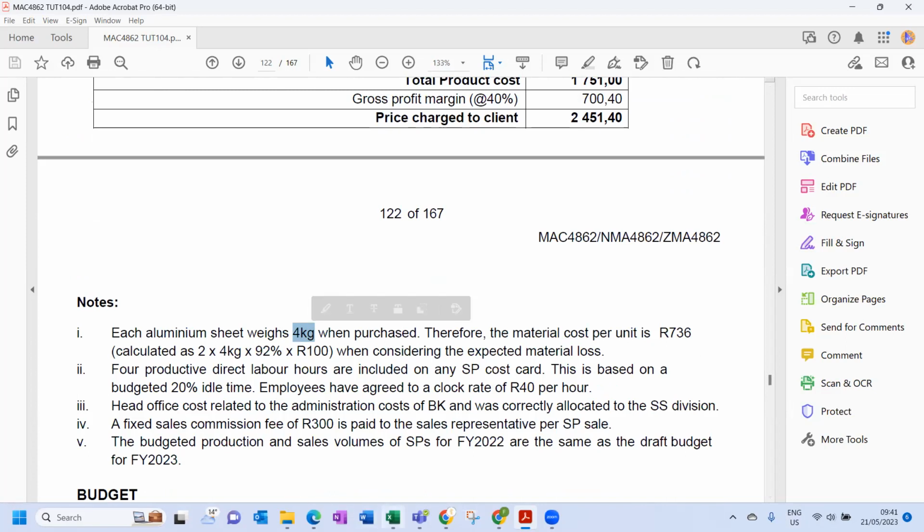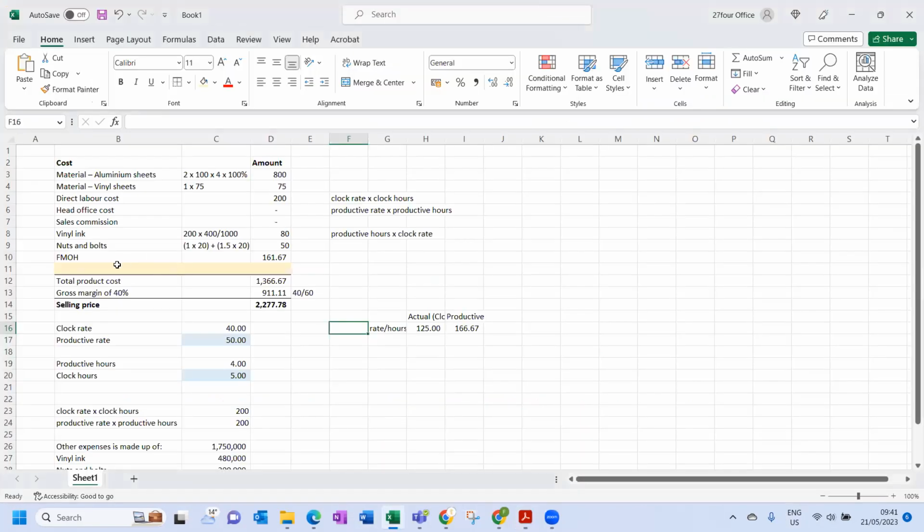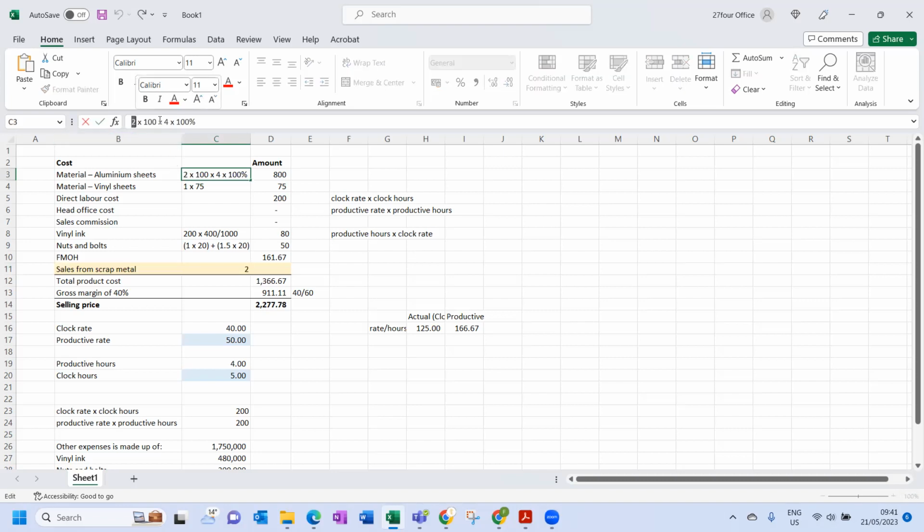So the scrap amount that we needed to bring in, I'm just going to put this over here. Remember, 2 sheets go into the system, same over here, 2 sheets go in. Each sheet is 4 kilograms.